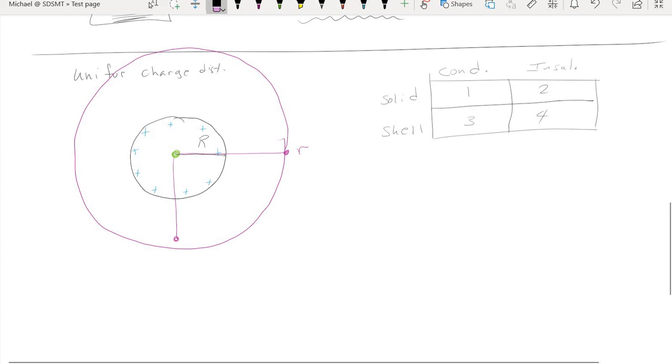I know I didn't draw all of those correctly, but we'll say that every point on this sphere is a distance of r, little r, from the center of the system. So no matter where I look, I should expect the same electric field magnitude.